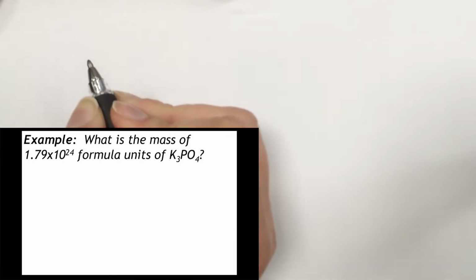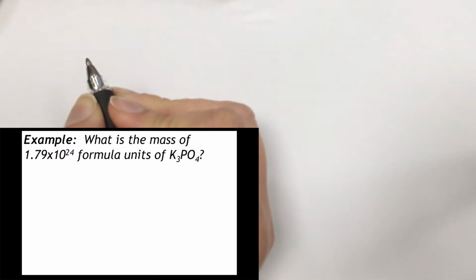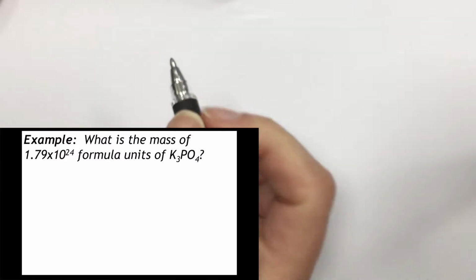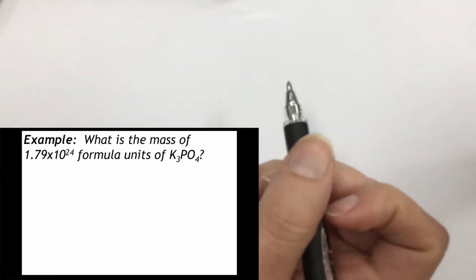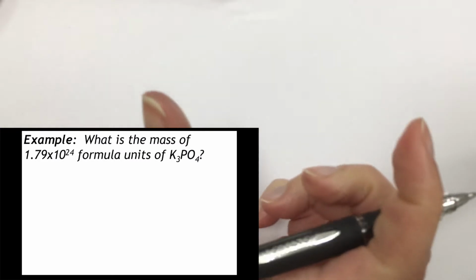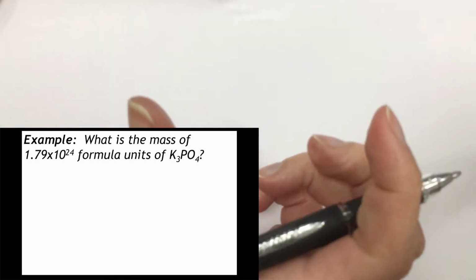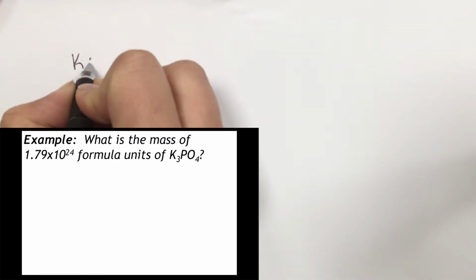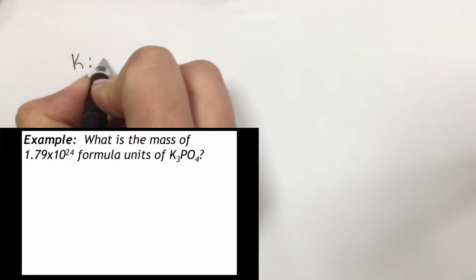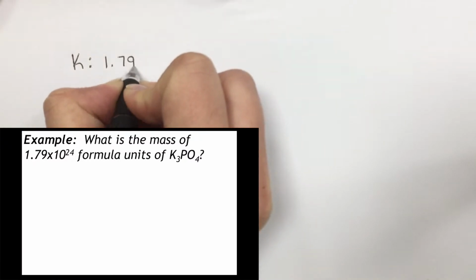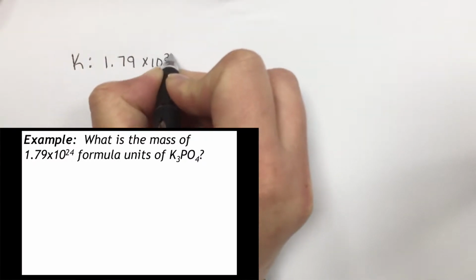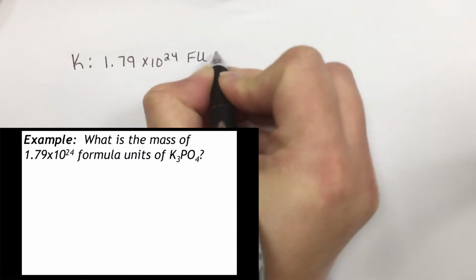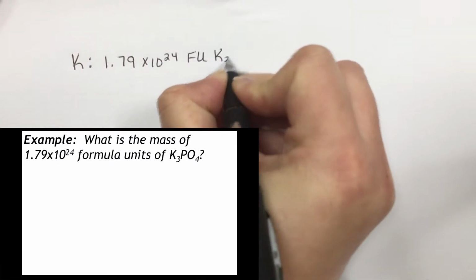So basically it says, what is the mass of 1.79 times 10 to the 24 formula units? So basically that many number of potassium phosphate, or K3PO4, how many of those molecules is what it's asking. So our known is the number they give us in the question, which is 1.79 times 10 to the 24 formula units of K3PO4.